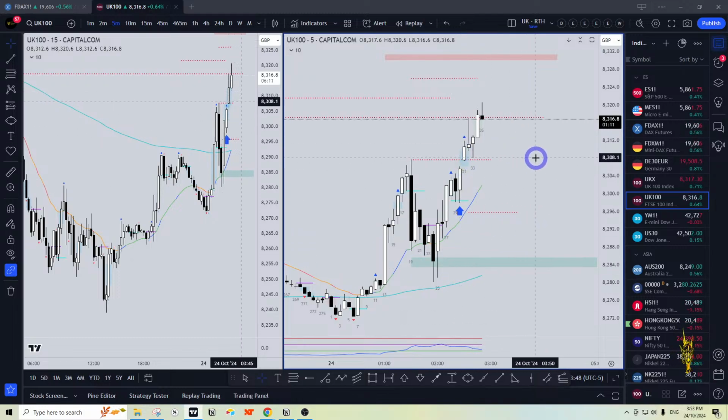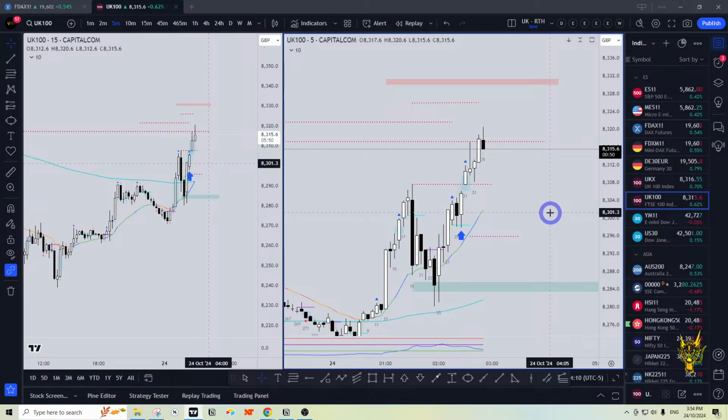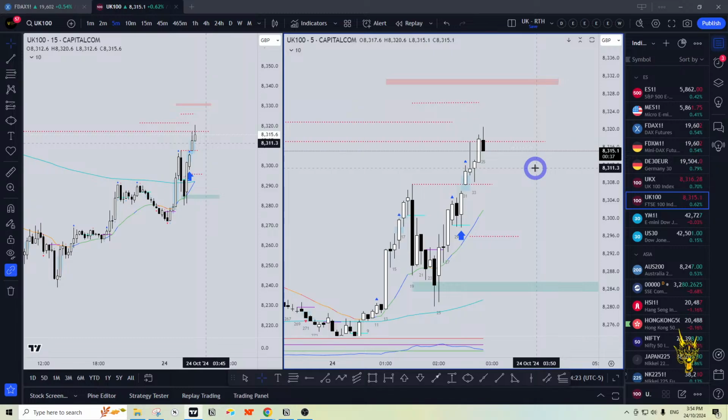We're probably on leg 3, so I like that there's some gaps. It'd be better if they stayed open.